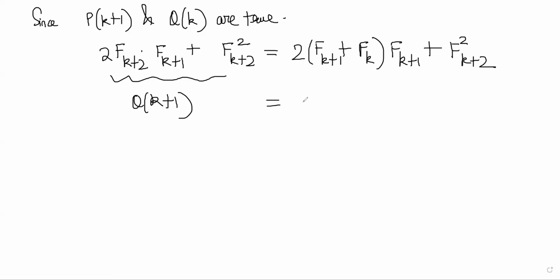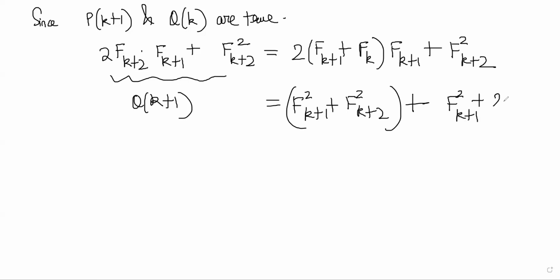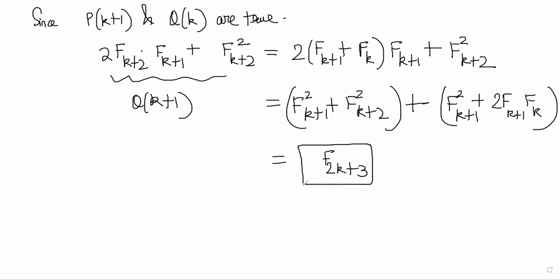Now this can be rewritten as f squared of k plus 1 plus f squared of k plus 2 plus f squared of k plus 1 plus 2 f of k plus 1 into f of k. Now this is equal to f of 2k plus 3, because we have just now showed that p of k plus 1 is true, plus this is equal to f of 2k plus 2, because that is my q of k, I think. Yeah, that is q of k.